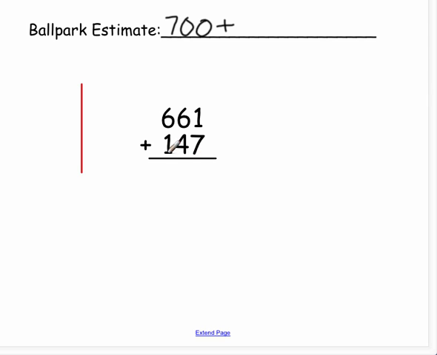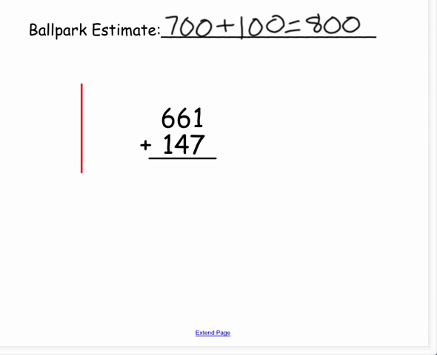If I'm estimating to the hundreds, I look at the number next to it, in the tens. This time the number is smaller than 5, it's a 4. That means this hundred is going to stay just like it is, and the other two numbers turn into zeros. 700 plus 100 gives me an estimate of 800.